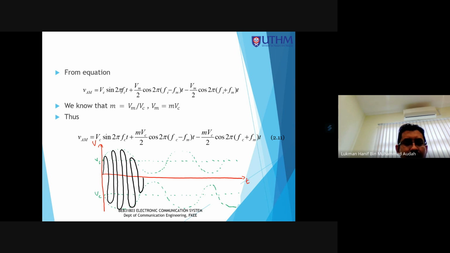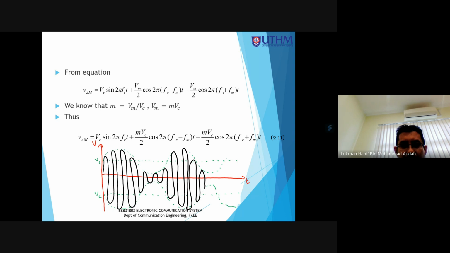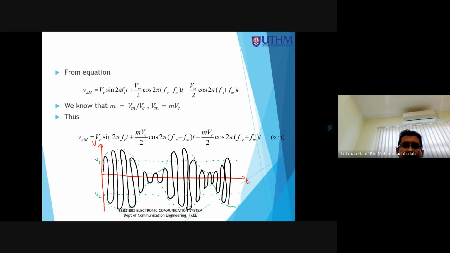Don't use any ruler in the exam, it's going to waste a lot of time. If you practice, you can sketch this signal. There it is. So this is a double sideband full carrier.